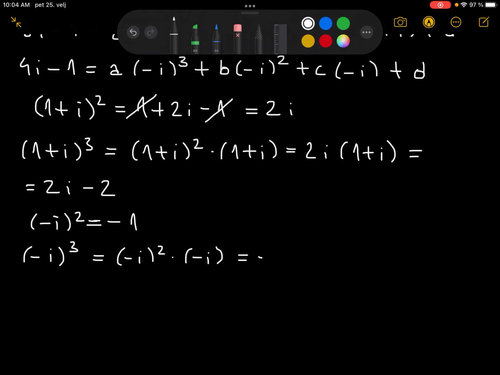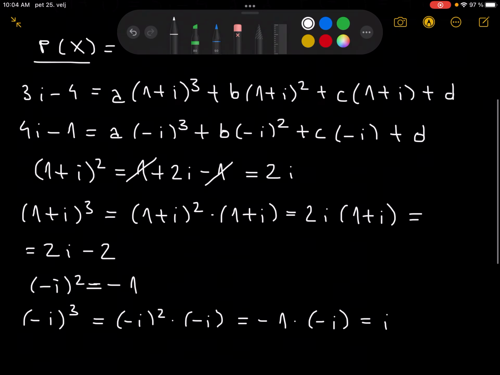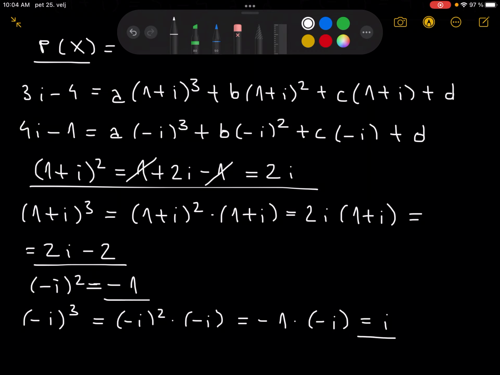So this is minus 1 times minus i, and this is just i. Now that we know these facts, we're just going to plug in these values into equation number 1 and equation number 2.